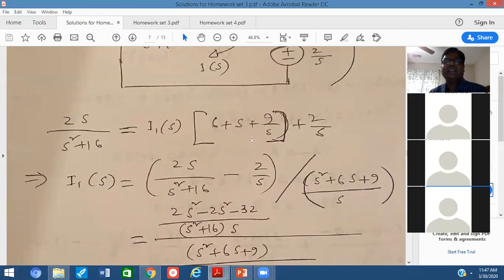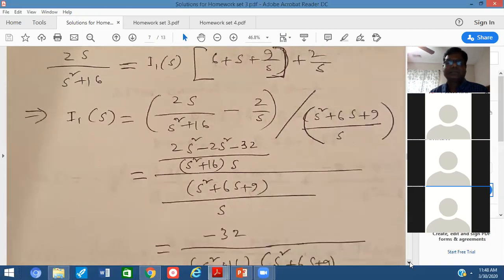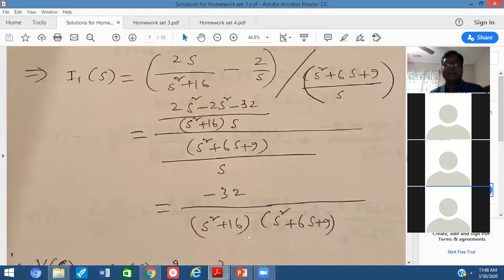Again, this I am simplifying. Denominator is this and numerator is 6S plus S squared plus 9. And I just simplified. After simplification, I got this one minus 32 over this function.